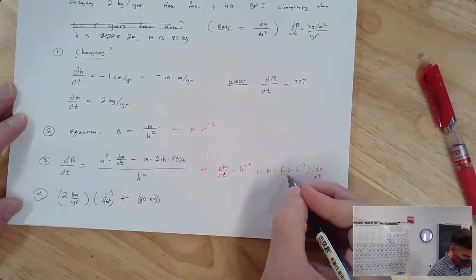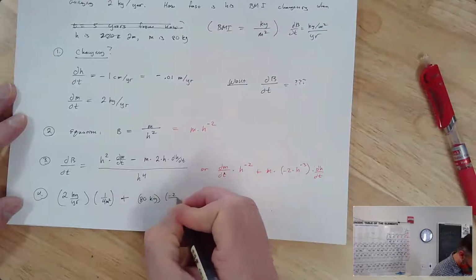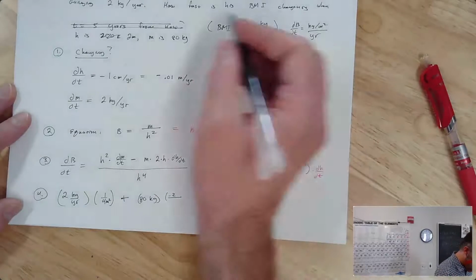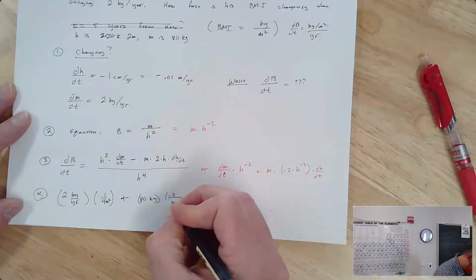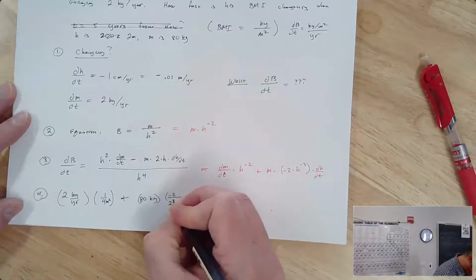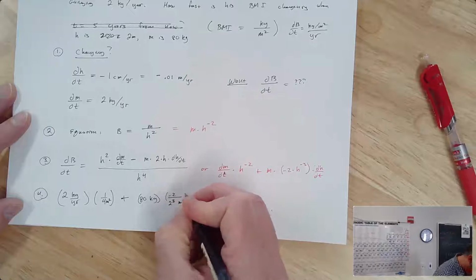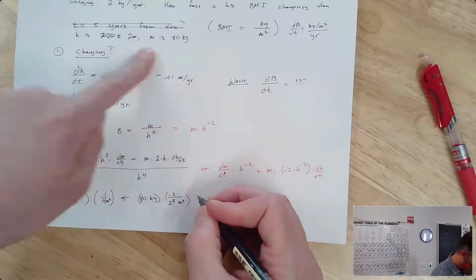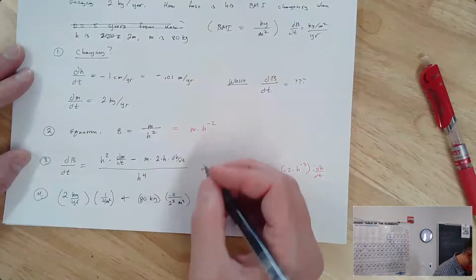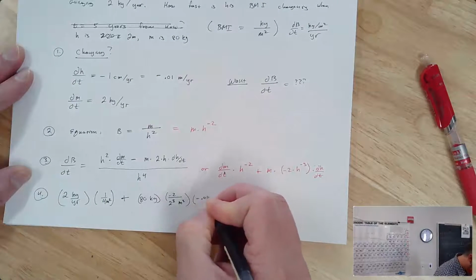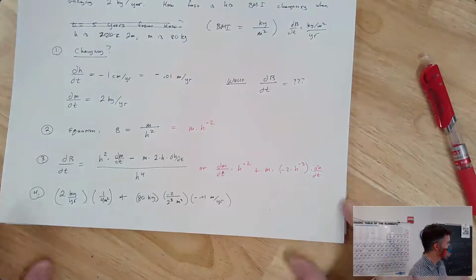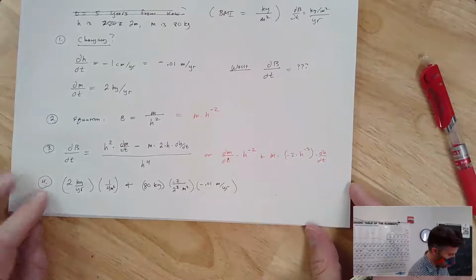And then we're going to have times -2 divided by the height cubed, the height being, yeah, see, the units are funky, 2 cubed. And then that's going to be times dH/dt, which we said was -0.01 meters per year. I don't really care what the answer is here. We could totally find it if we really wanted to.